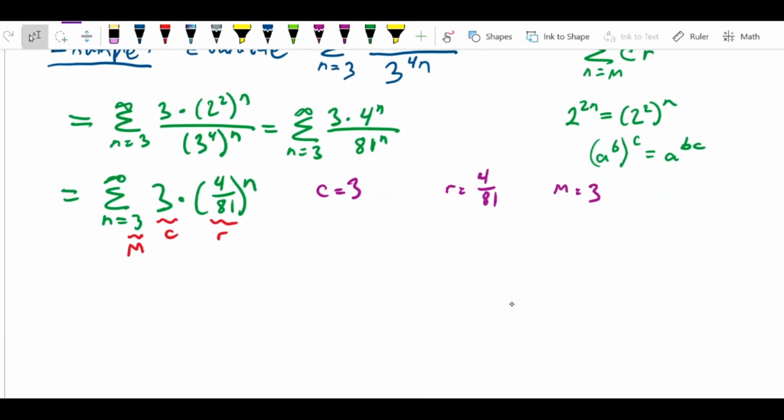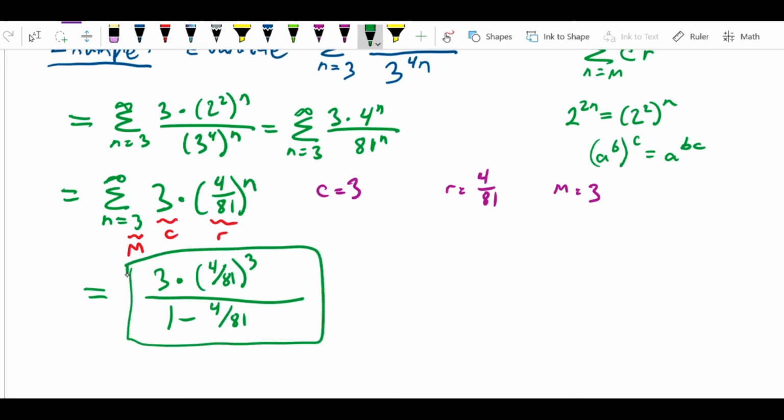So this sum is going to be 3 times 4 over 81 to the 3 over 1 minus 4 over 81. It's not even really worth simplifying this, so we're just going to leave it in this form.